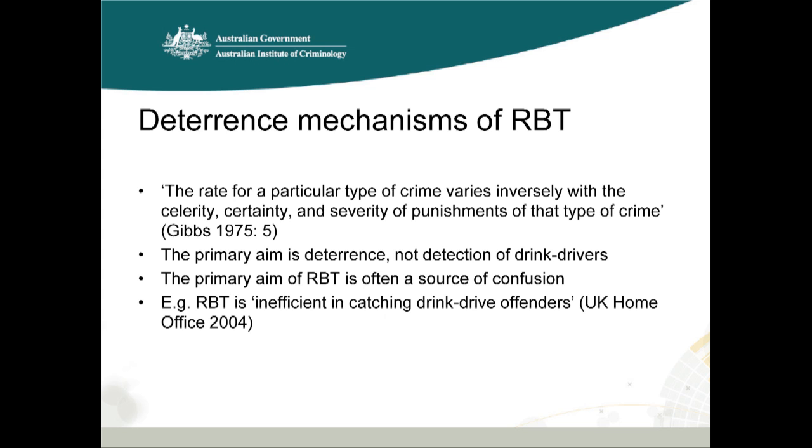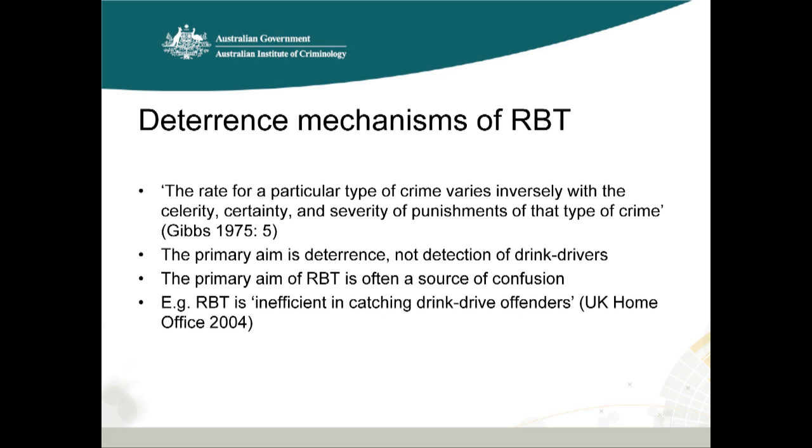Now, the person who is largely responsible for our understanding of RBT and deterrence is Ross Homel. Homel adapted the classical criminological deterrence theory, which, as highlighted by Gibbs, states that the rate for a particular type of crime varies inversely with the celerity, certainty, and severity of punishments of that type of crime.